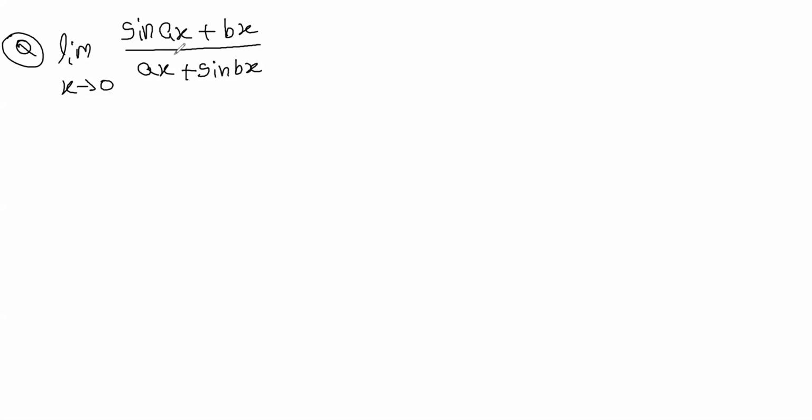So I will just multiply ax over here and bx over here, divided by ax into ax. Not for the whole expression, I am doing only for this sine ax, divided by bx multiplied by bx.